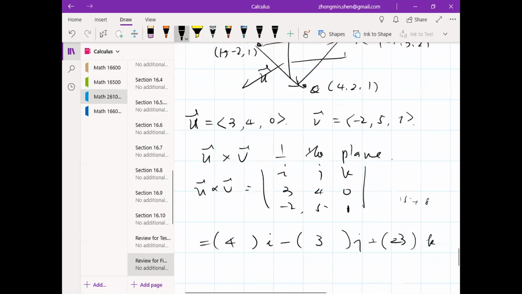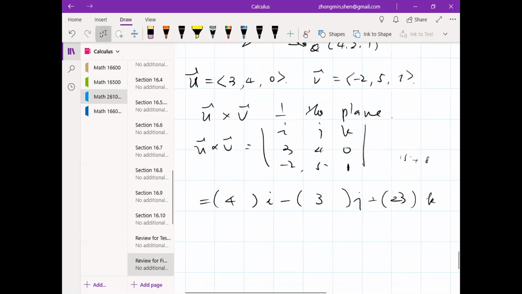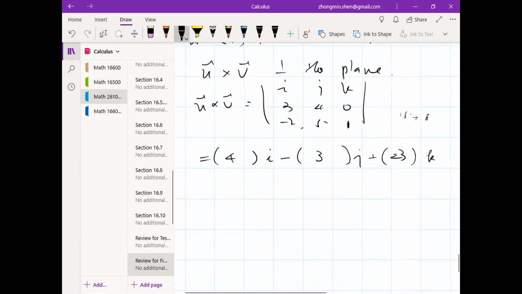So this is a vector perpendicular to the plane, to the triangle. Now to find the area of the triangle, look at the triangle, right?